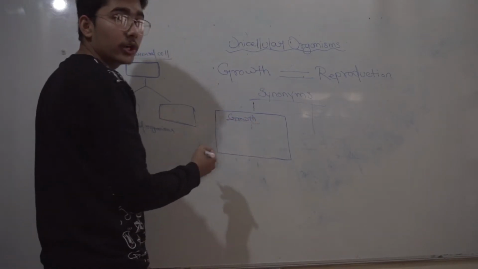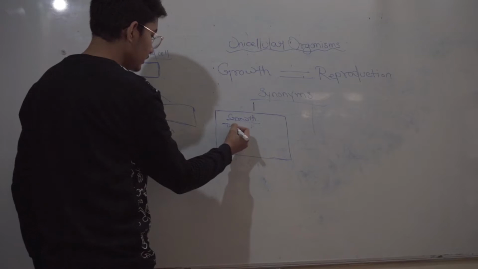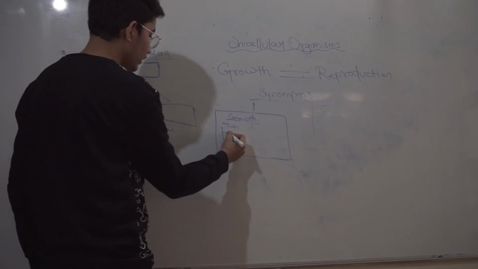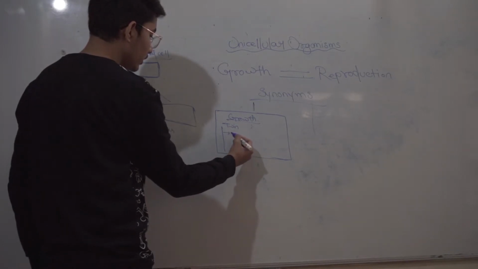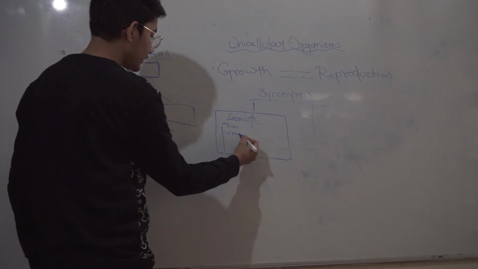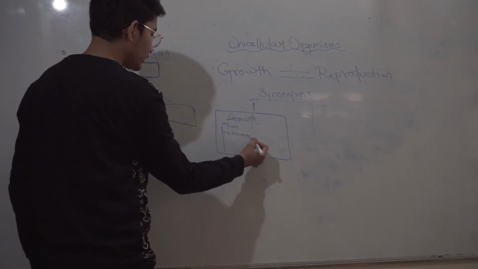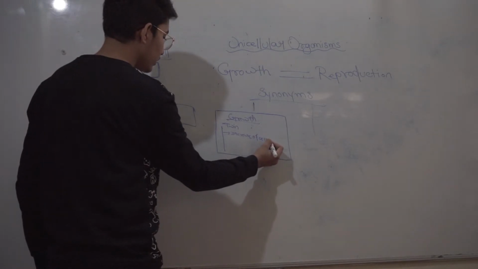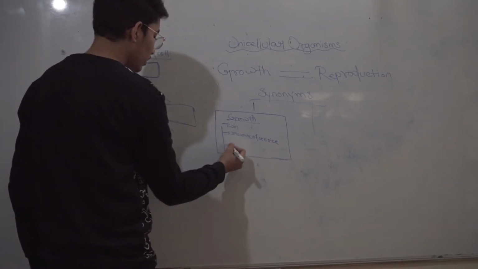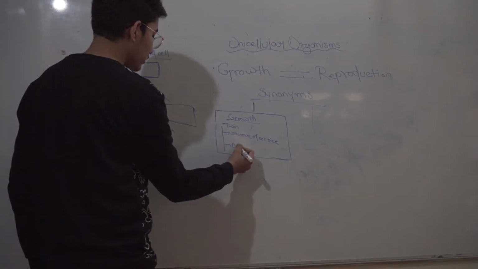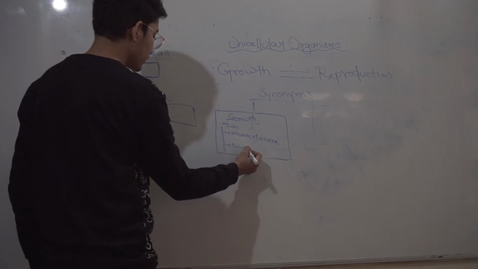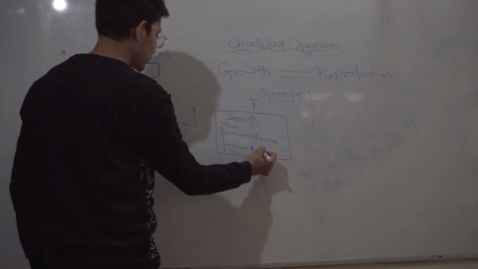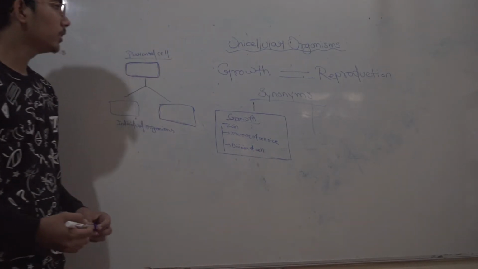Growth has twin characteristics. First one I have told you now: increase in cell size, or division of cells. Division of cell.